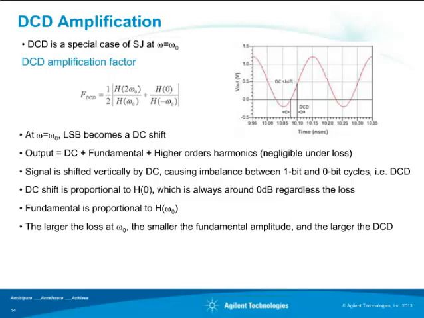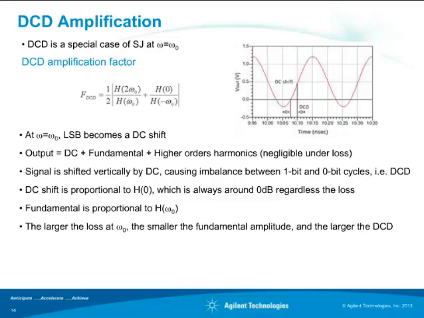Okay? And the channel output signal becomes a DCD plus a fundamental plus higher order harmonics, which can be ignored under channel loss. Therefore, the output signal has a sinusoidal at fundamental, but is shifted vertically by the DC shift.